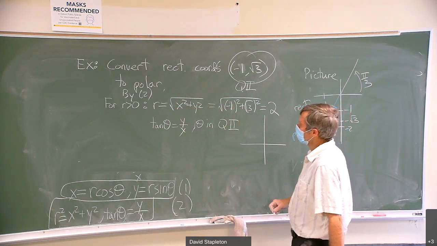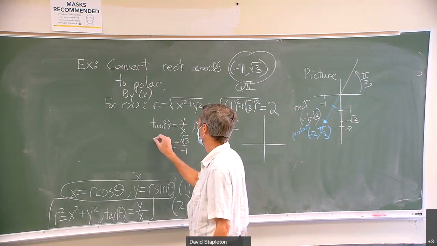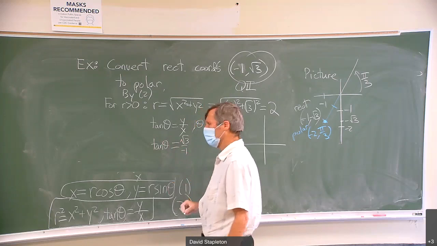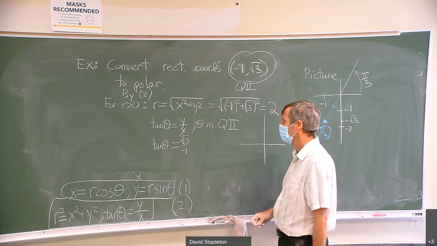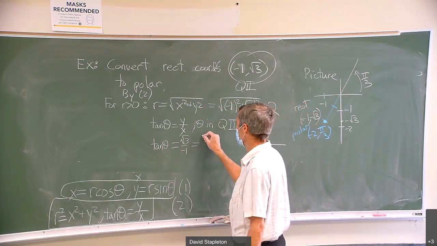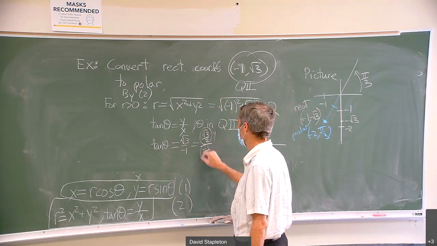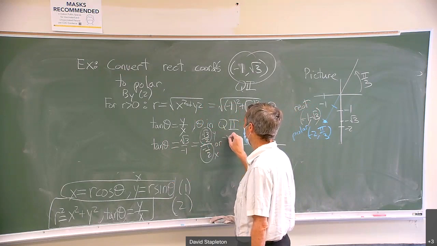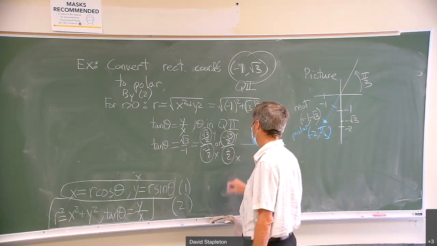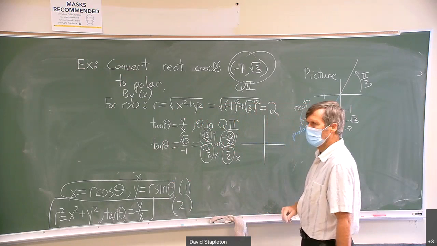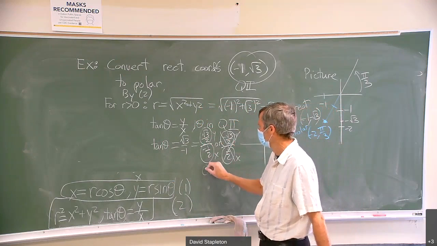Tangent theta equals square root of 3 over -1. Remember how to solve tangent theta equals a number? You can divide top and bottom by the root sum square and call it square root of 3 over 2 over -1/2. And now this is y and this is x. Or it could be minus this one and plus the other one, where this could be y and this could be x. Which one is it? If I want quadrant 2, then I want x negative and y positive. So we choose this one.